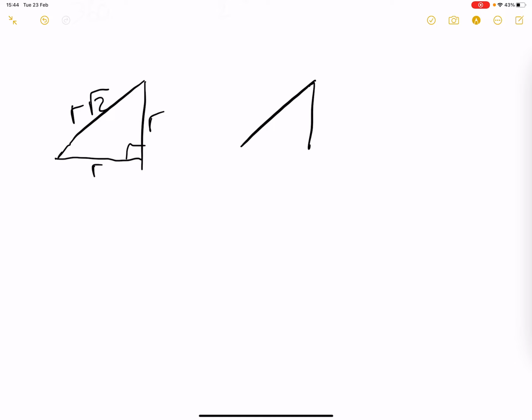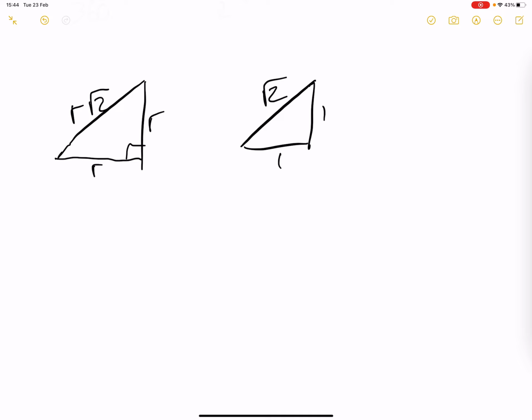That triangle will look something like this. It's just a right-angled triangle, and it has side length r at these points, and this length will be r root 2, because if you remember, if you have a square that's halved to make a triangle, and its side length is 1, then you have a root 2 diagonal hypotenuse here.